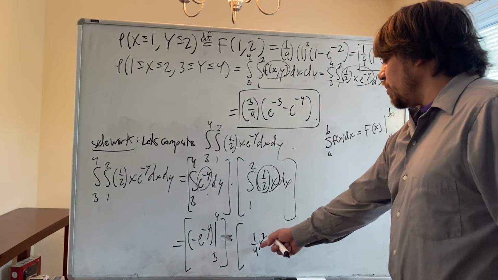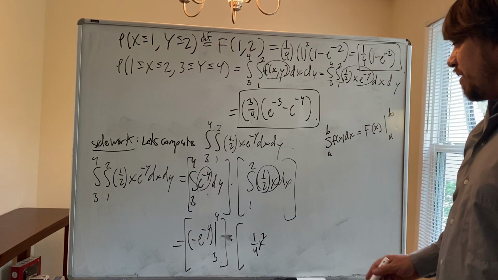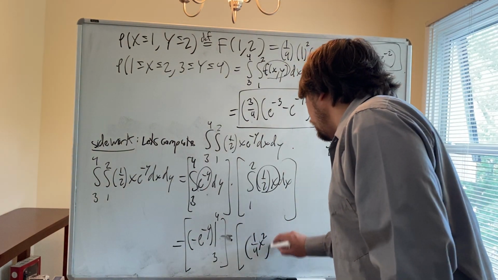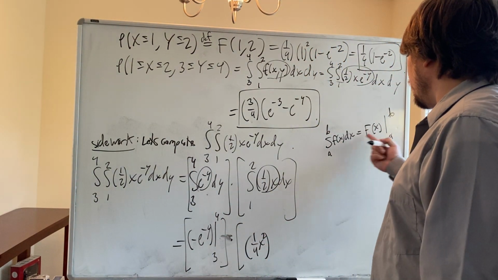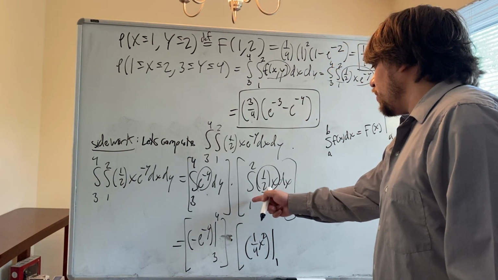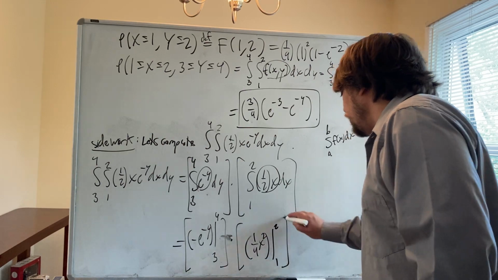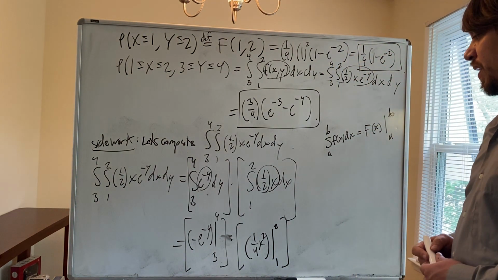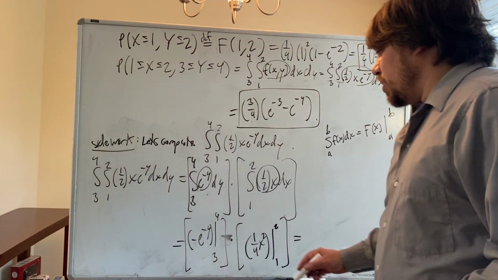If you take the derivative of 1/4 x squared, you get 1/2 x. So we take 1/4 x squared, an antiderivative of that integrand, and evaluate from the lower limit to the upper limit, from 1 to 2. That's by the fundamental theorem of calculus.